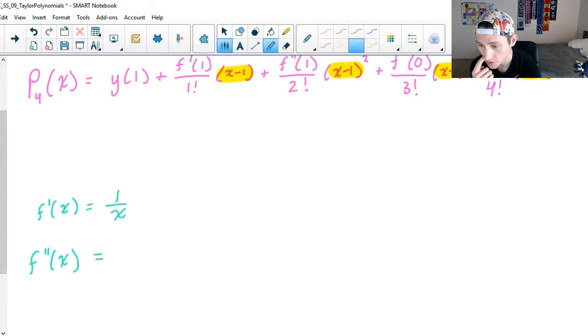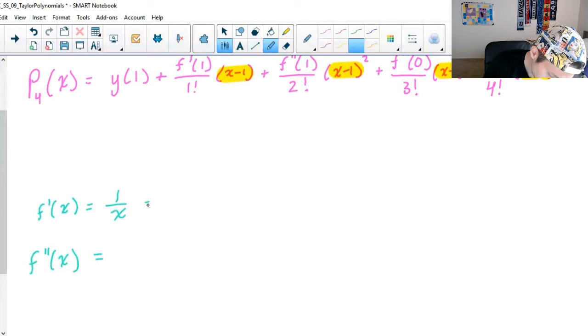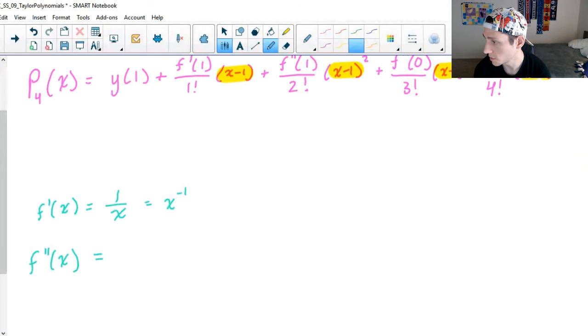Okay, the second derivative, so depending on how you want to think about it, remember, this is the same thing as x to the negative first. So that could help thinking about it for the chain rule.